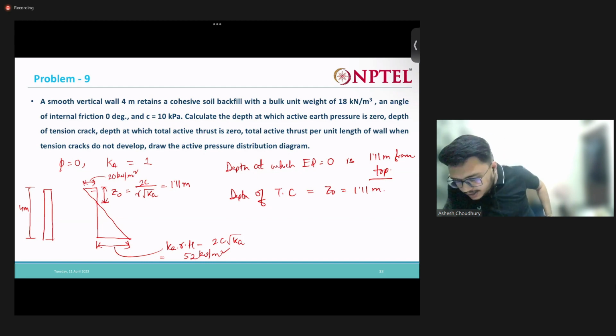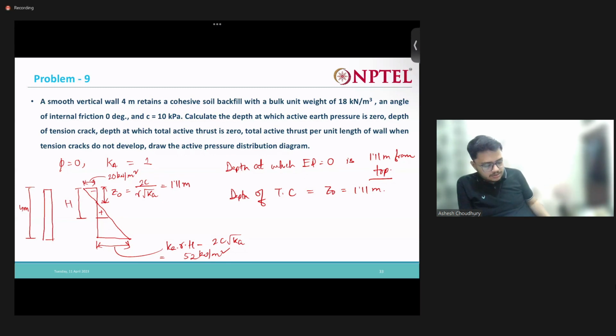Done. Next is net active thrust, the location where the net active thrust is 0. So net active thrust is 0 up to what depth? Here is negative, here is positive. So up to this depth, twice Z naught, this H depth is 0. Let me write H naught.